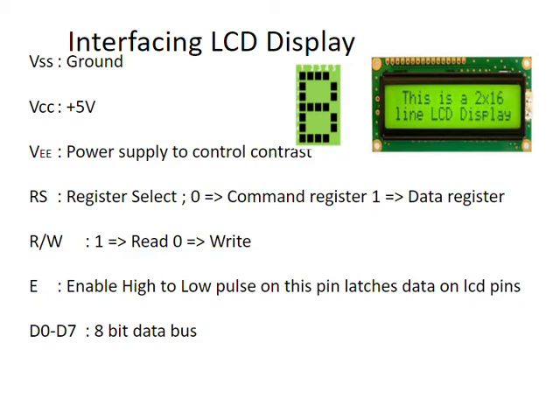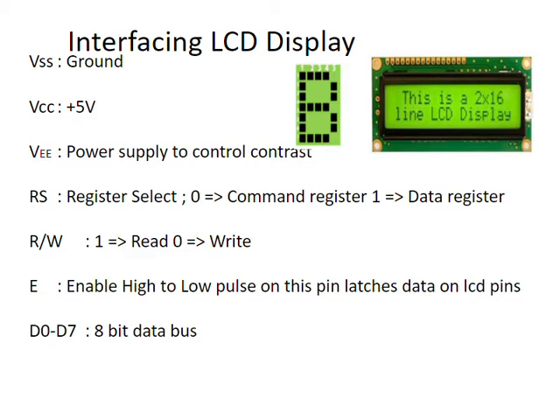That is, when we send a command to the LCD, we should select register 0, that is command register, and when we send a data that has to be displayed to the LCD, we should select the data register, that is RS should be kept at logic 1.